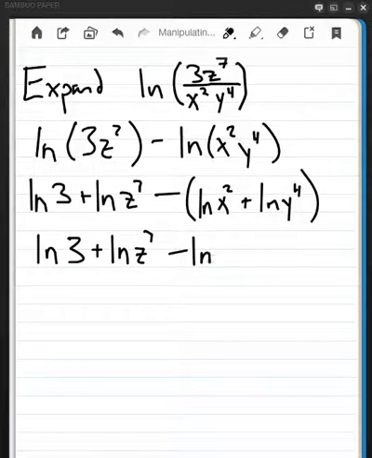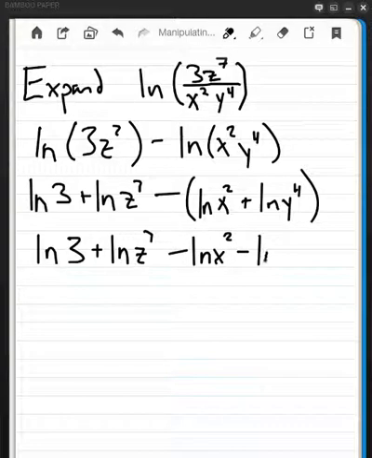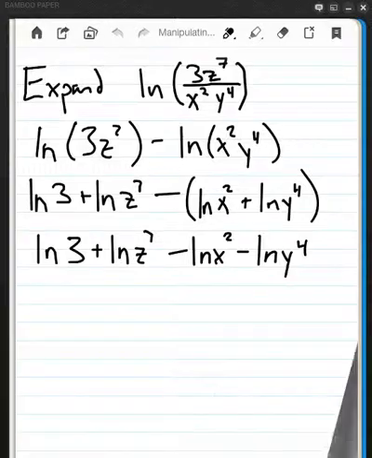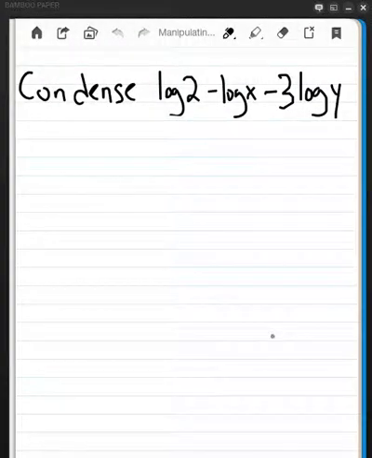So this is minus the natural log of x squared minus the natural log of y to the 4th. So we have expanded this, and because this had a negative sign in front of it, we had to distribute the negative sign.